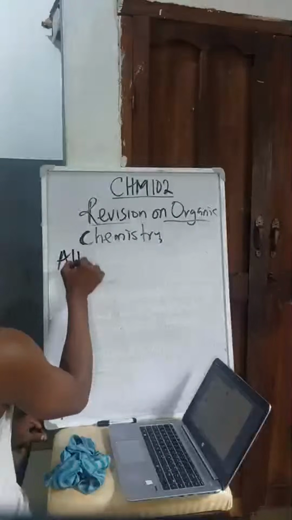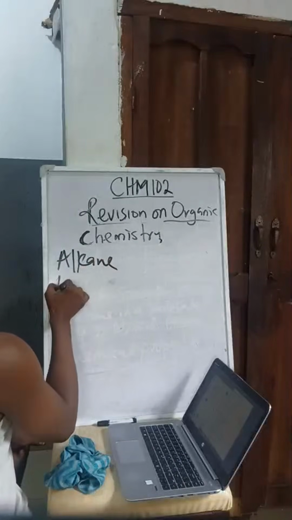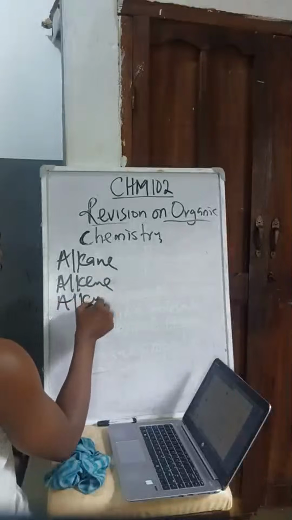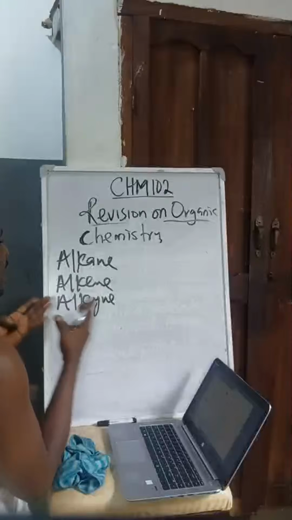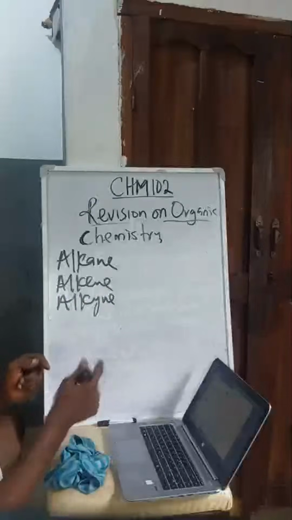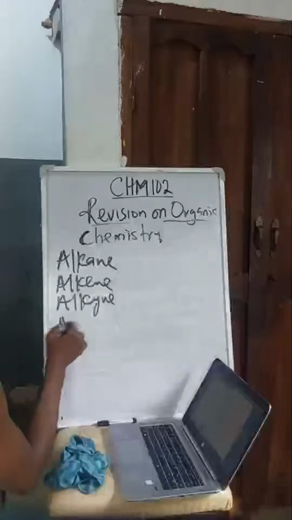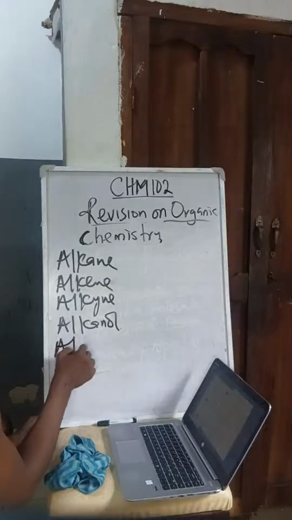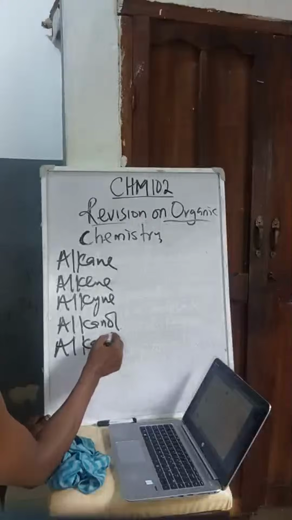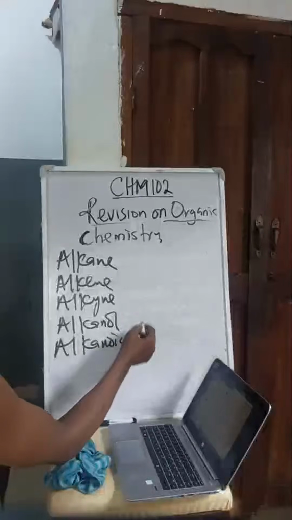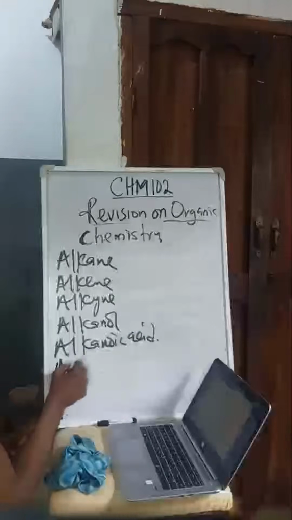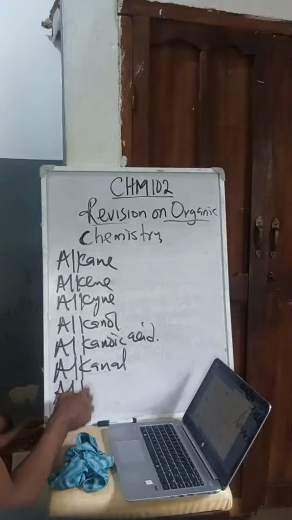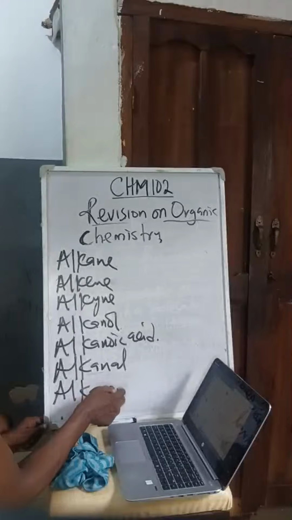Hydrocarbons have alkane, alkene, alkyne. Then classes of organic compounds. We have alcohol, alkanol, alkanoic acid, alkanal, alkanones.